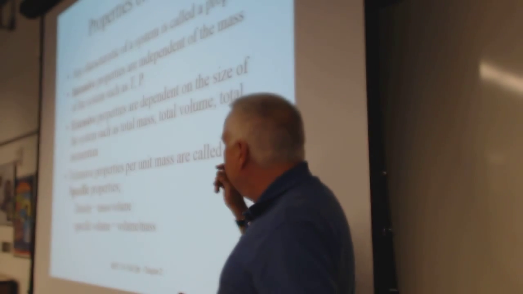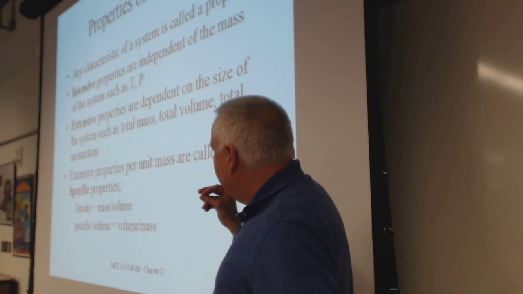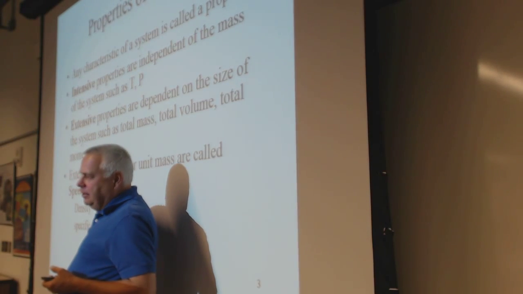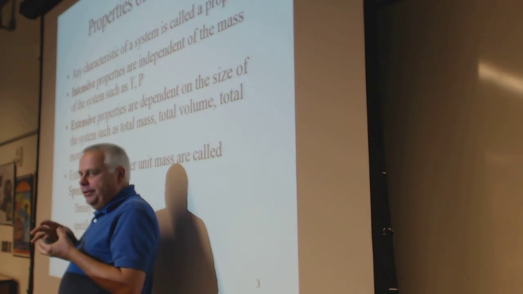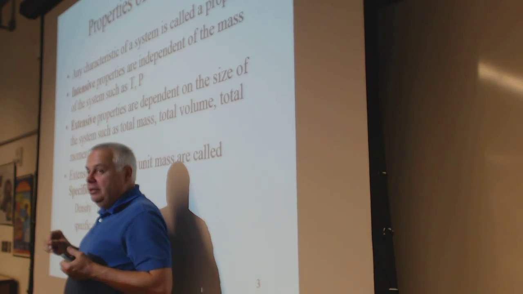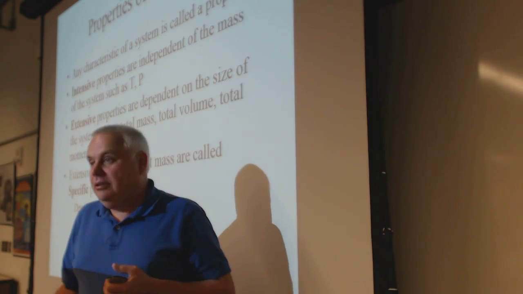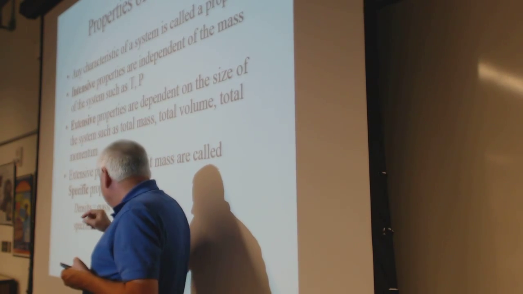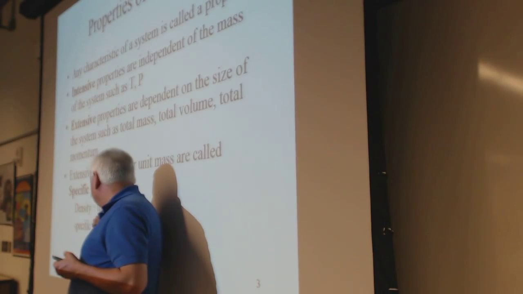So we are going to pull a trick. In order to make those properties that are dependent on mass become not dependent on mass, we're going to divide them by mass and come up with properties like these specific properties. Density is mass over volume.